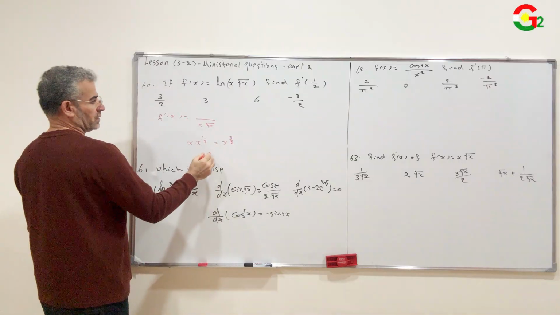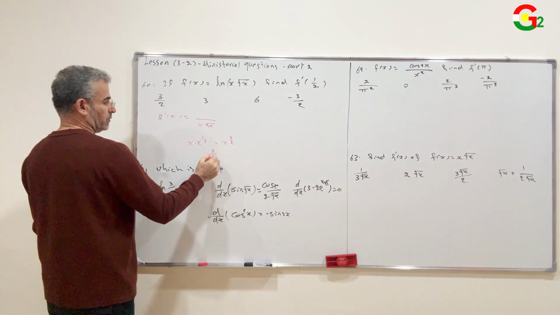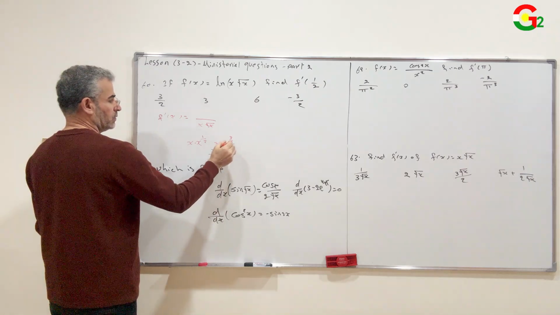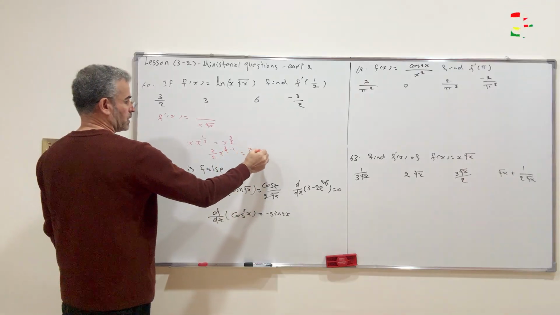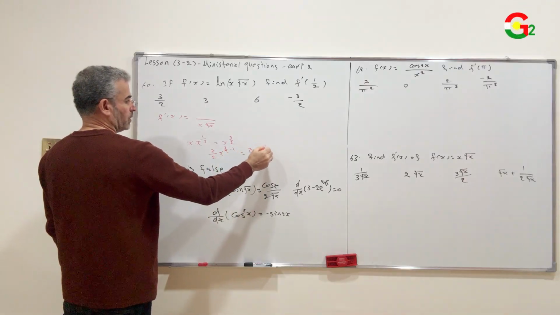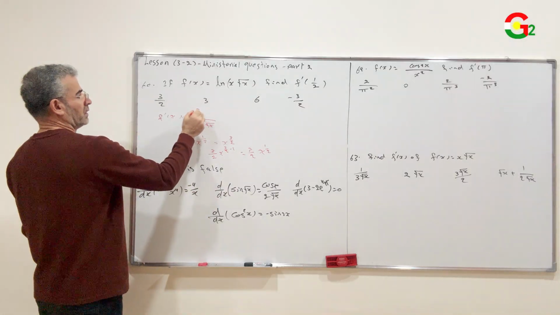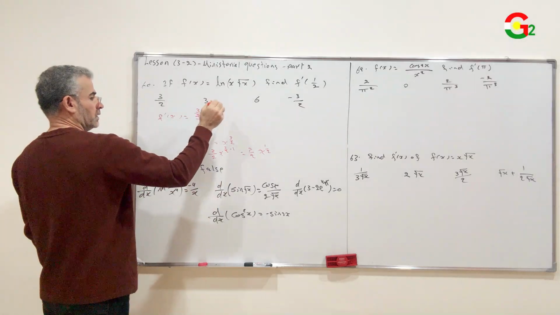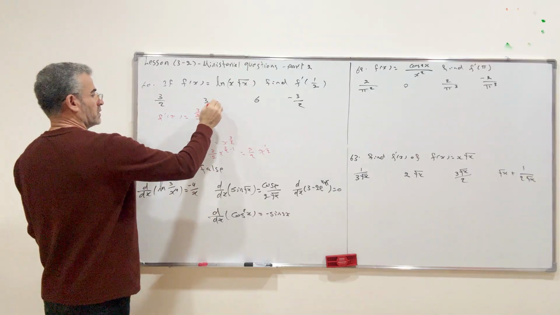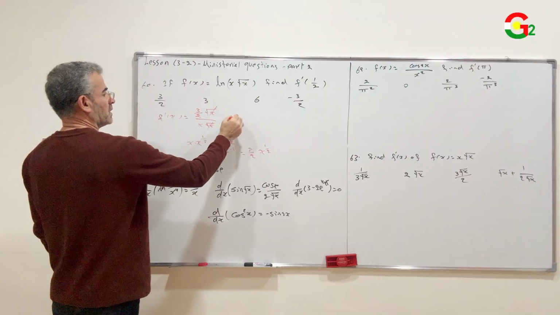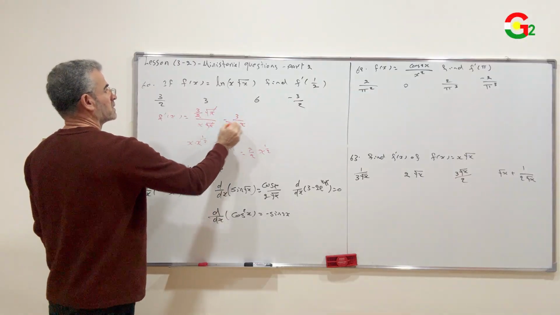Now differentiate this term, 3 over 2 x to the 3 over 2 minus 1, equal to 3 over 2 x to the 1/2. Therefore, I write 3 over 2 square root x. Square root x with square root x, then the final answer will be 3 over 2x.